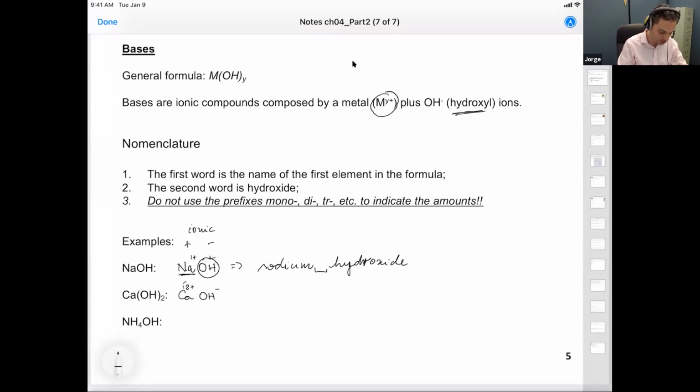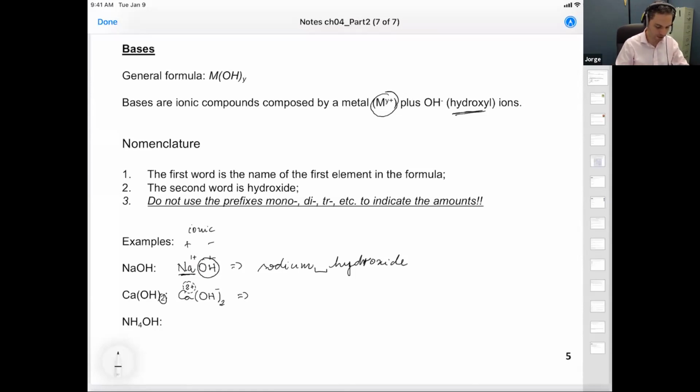Because there is a 2 plus charge here, we have to have 2 hydroxide ions, and that's the reason for the number 2 right after OH. The parentheses indicate that we have 2 OH groups bonded to each calcium.